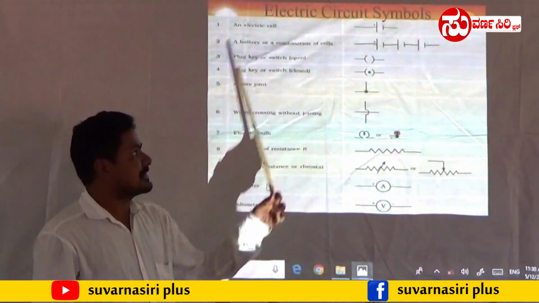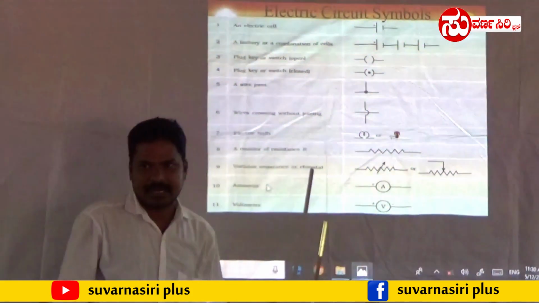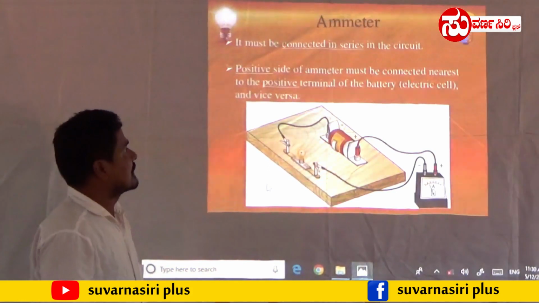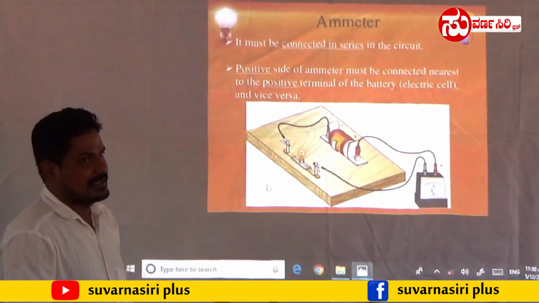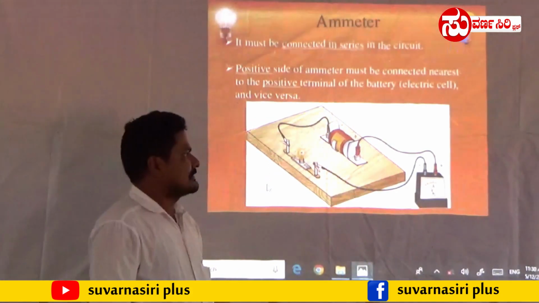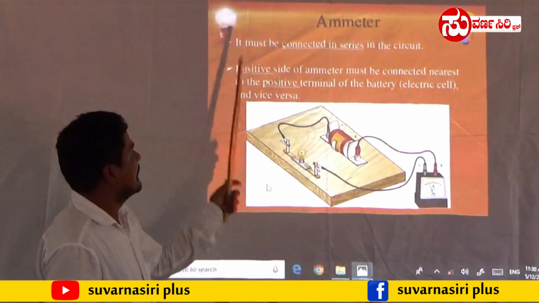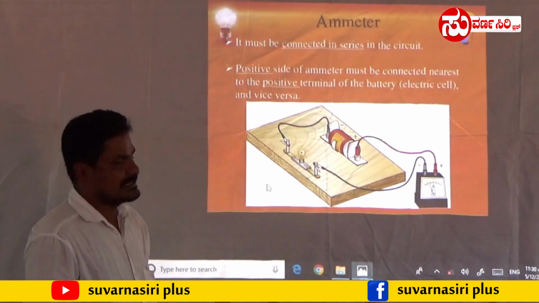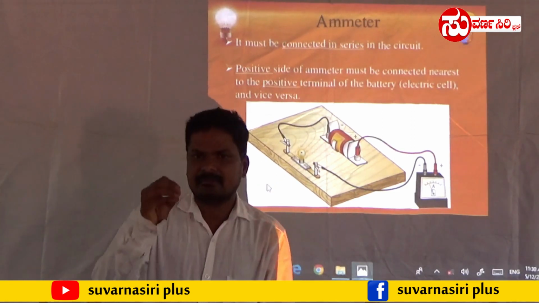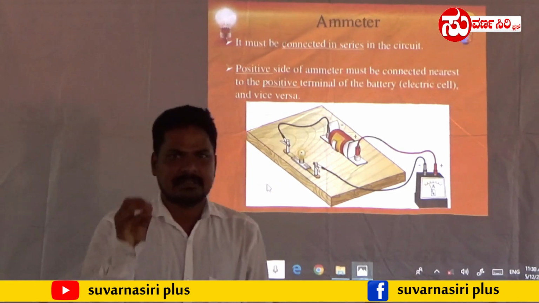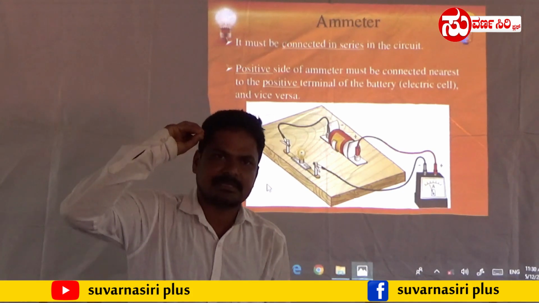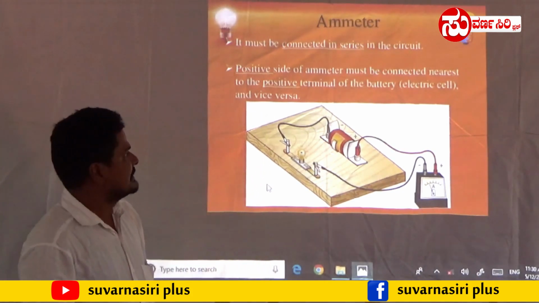Dear students, you should copy all these and practice. Next. Here we already discussed the ammeter. The ammeter has positive and negative ends, and it must be connected in series in the circuit. Whenever we connect the ammeter in the circuit, it must be in series only.